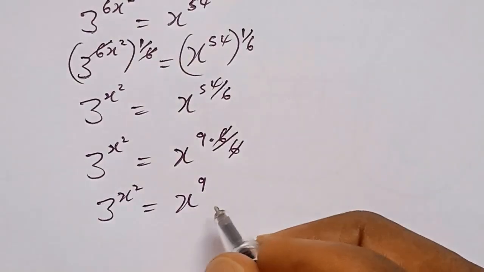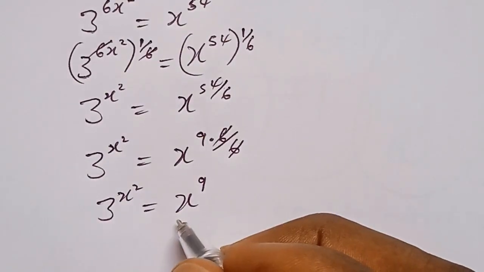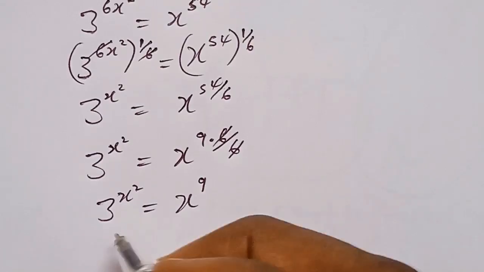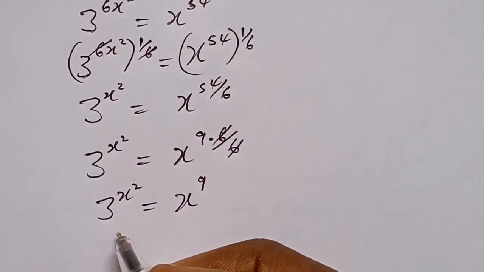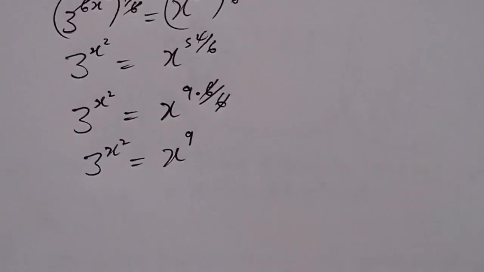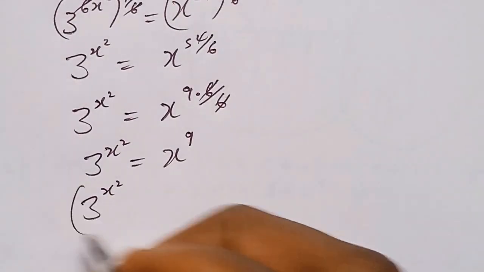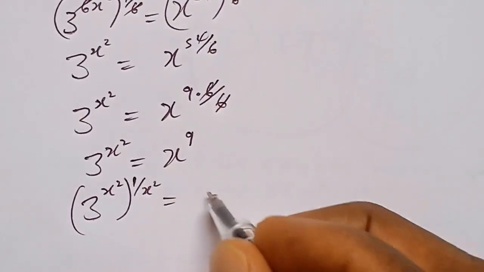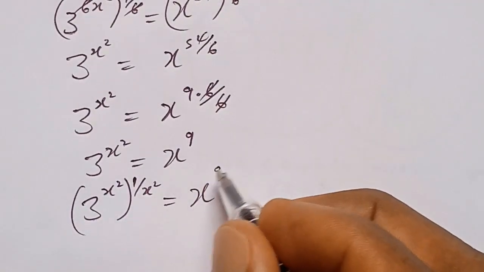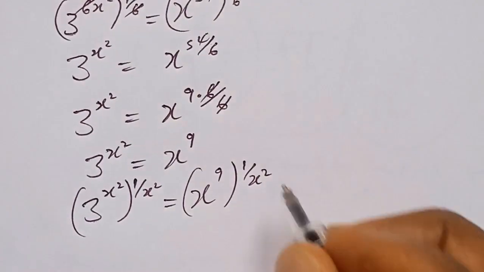Now we go ahead again and multiply the exponent of both sides with 1 over x squared. That gives us 3 to the power of x squared multiplied by 1 over x squared equal to x to the power of 9 in brackets 1 over x squared.